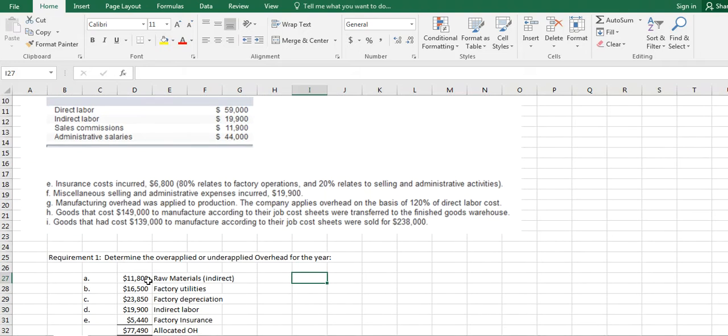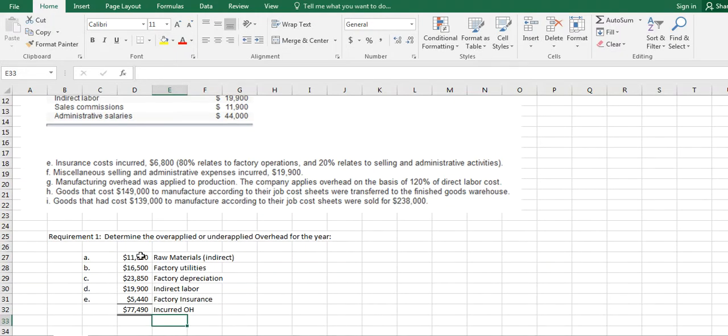So these are the overhead, and I've got that mislabeled, incurred overhead. So all of these were actual indirect overhead costs that were incurred. Allocated, it says, was 120% of direct labor costs.